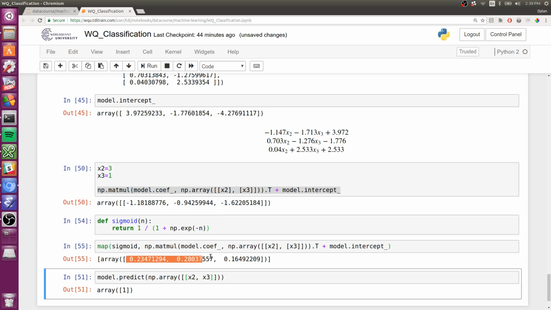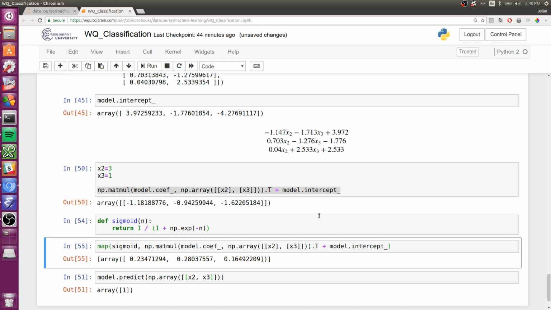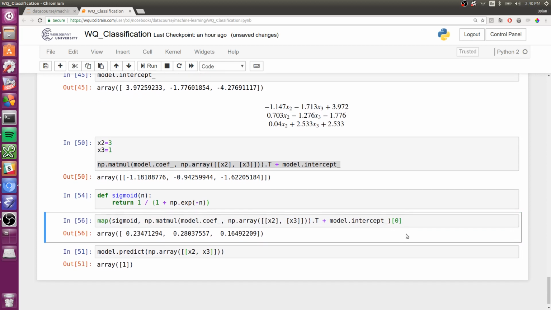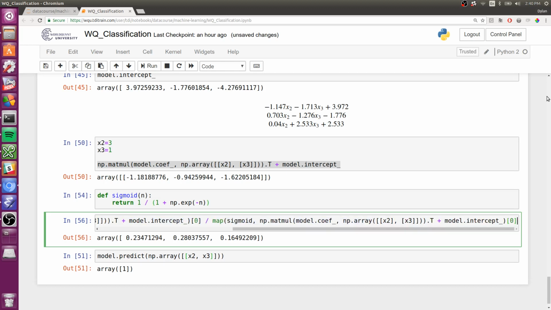So we get our probabilities of belonging to each class. Well, these aren't the probabilities quite yet, because I need to normalize them so that they sum up to 1. And this is not pretty code. So here we have the probabilities.